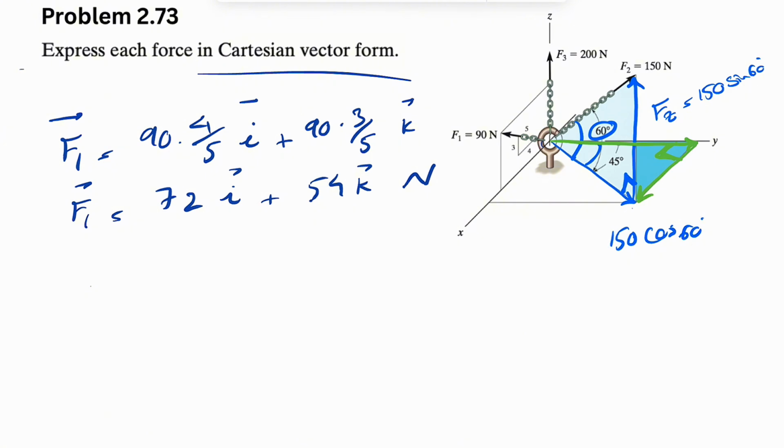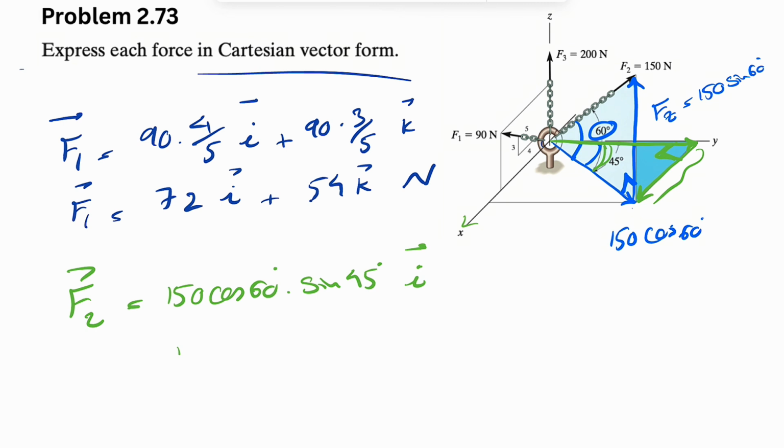All right, let's start with the X component. We can see that the X acts along the positive X axis, so it's positive 150 cosine of 60 degrees for the hypotenuse, and because this is the side opposite of 45, it's going to be sine of 45 degrees. But because sine of 45 and cosine of 45 are the same, it really doesn't matter which one we pick.